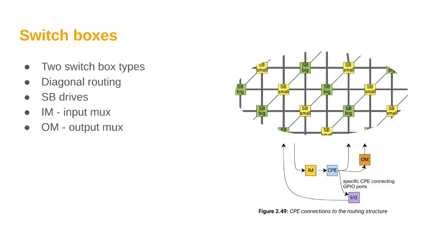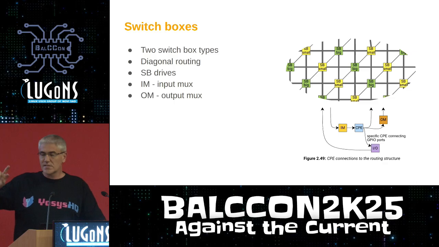Usually you have just horizontal or vertical connections, and the small ones mean that you can connect just to the next big switch box, and one small on one side and on the other. But for the big ones, you can also do 2, 4, 8, I think 12, 16, and 20.